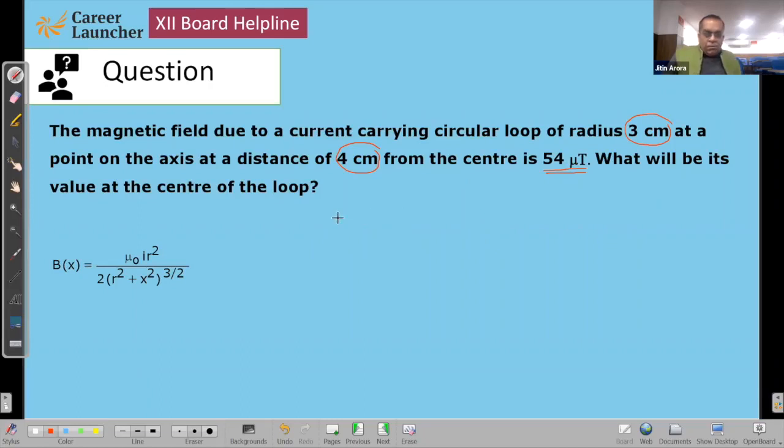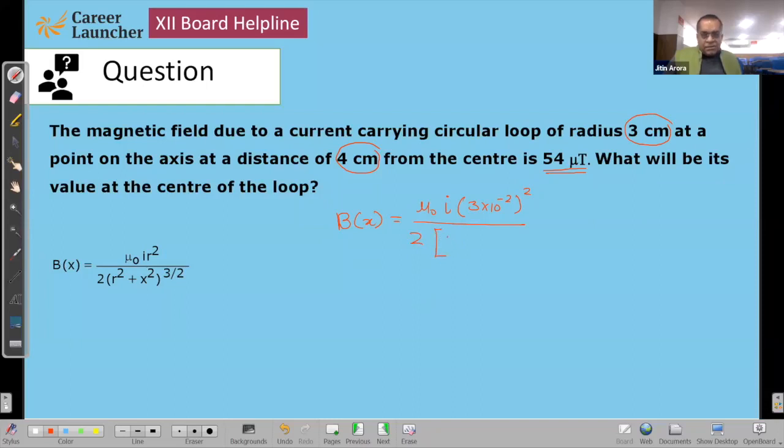So children, the magnetic field on the axis at a distance x is equal to mu naught I r square upon 2 into (r square plus x square) to the power 3/2. In place of r square, we put 3 into 10 raised to the power minus 2, whole square.